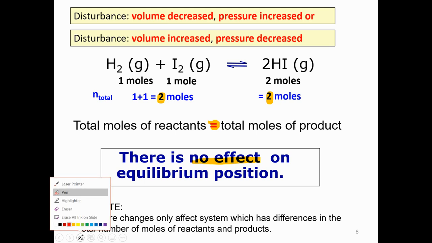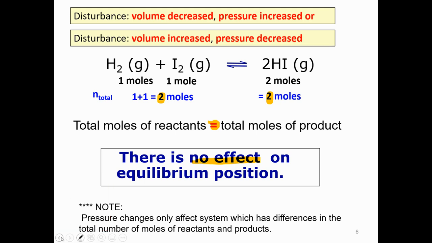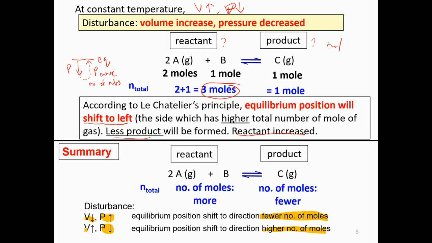So now again, highlight: pressure is only for gases. Then we look at the disturbance, either pressure increase or decrease. If pressure increases, fewer number of moles.